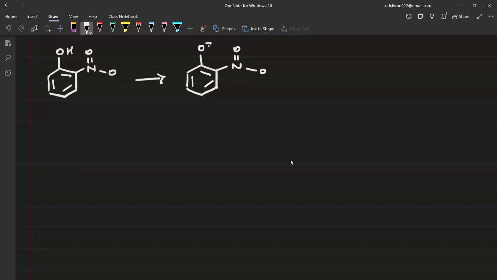Now, the resonating structure will be, first of all, it will go here. Then this electron will go here, and you will get double bond O, nitrogen with double bond O and a single bond O here. This gets a negative charge, and double bonds. Now this negative charge will go onto this oxygen atom.